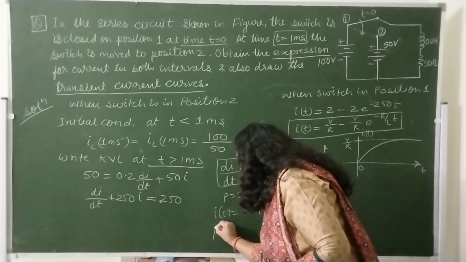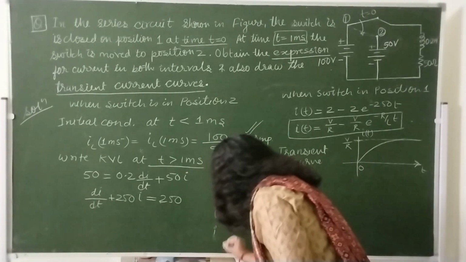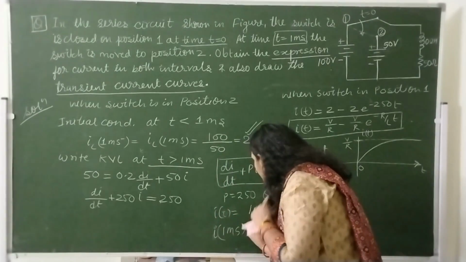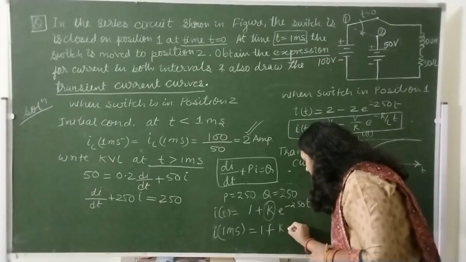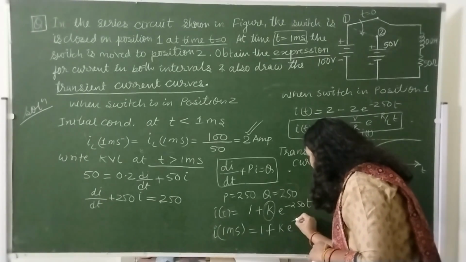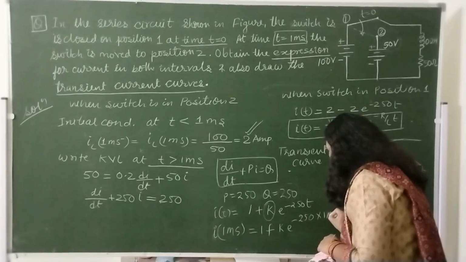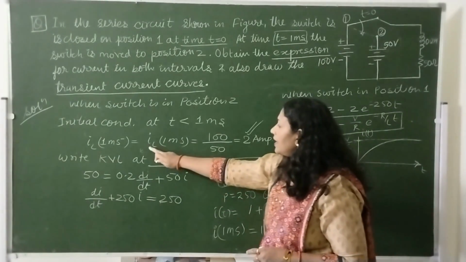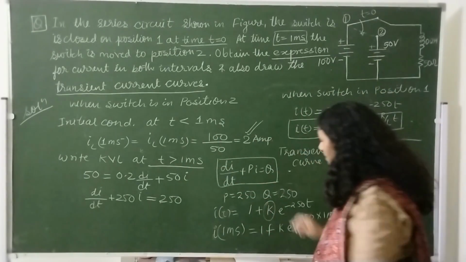So I at 1 millisecond is equal to 1 plus k e to the power minus 250 into 1 millisecond. What is I at 1 millisecond? The current flowing at time 1 millisecond is 2 ampere.